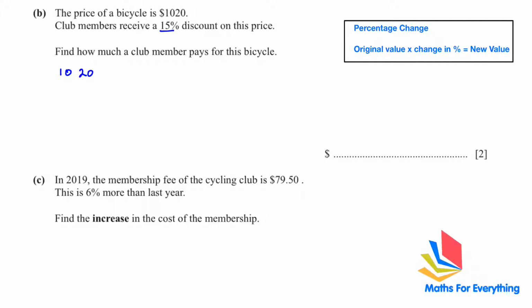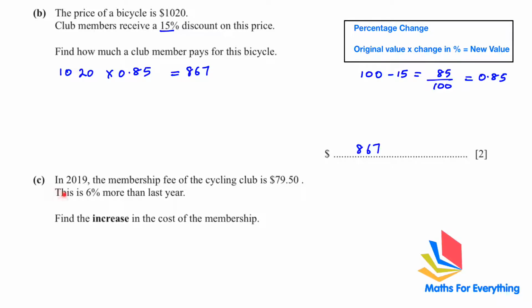Whenever the word reduction, discount, or less than, reduce comes involving percentage, we subtract that value from 100. That will give us 85. And then divide by 100, which will give you 0.85. Multiply by 0.85, and that will give you your new value, $867.